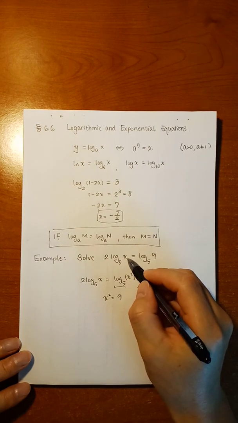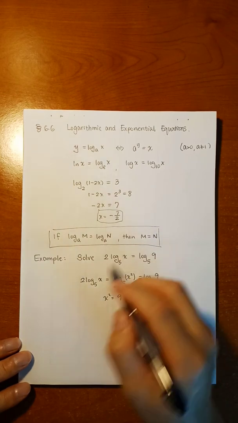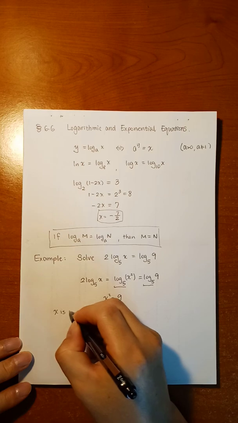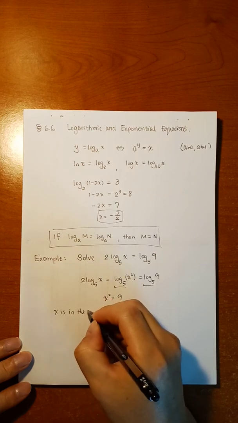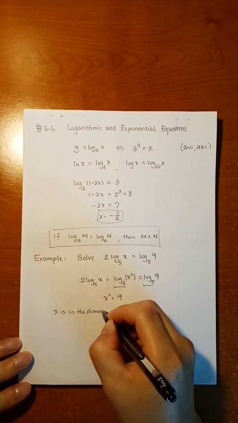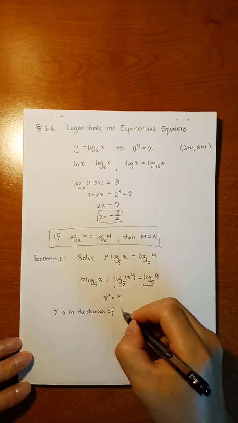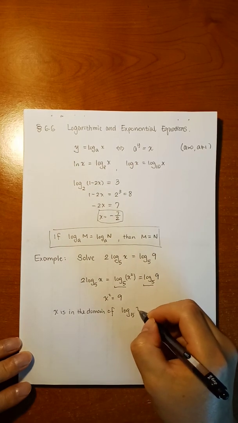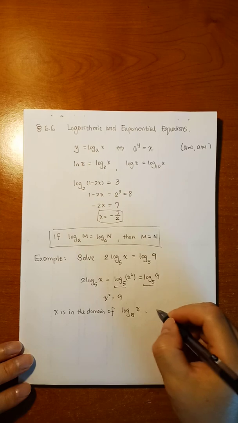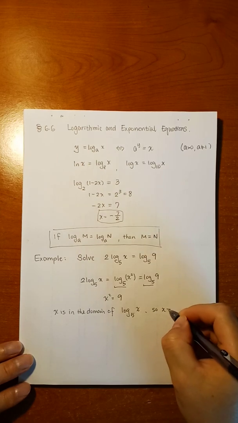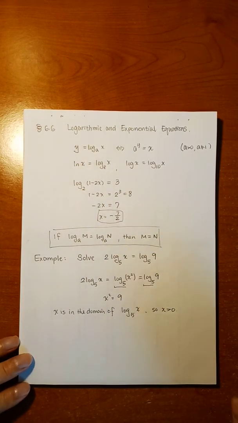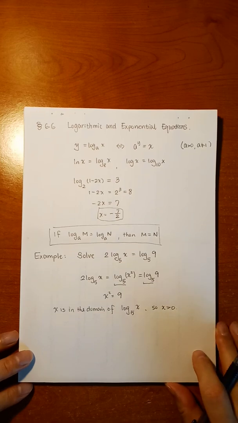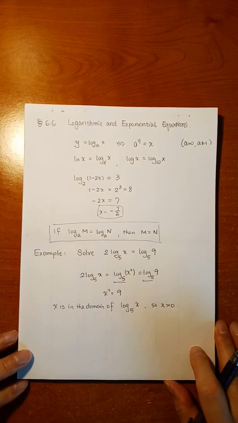But originally x is inside the domain of log base 5 of x. It is in the domain, so x is positive. Remember that the domain of a logarithmic function is the set of all positive real numbers.